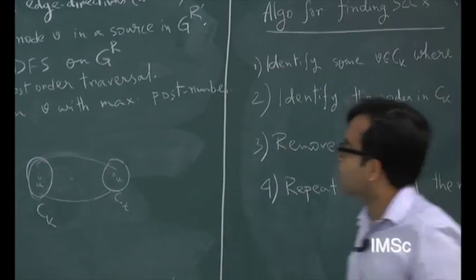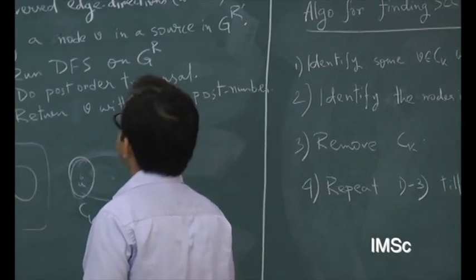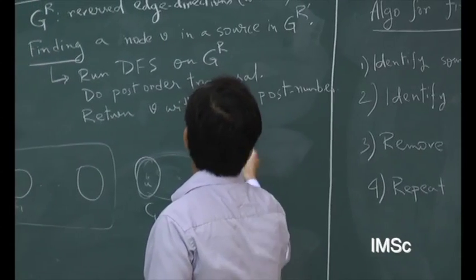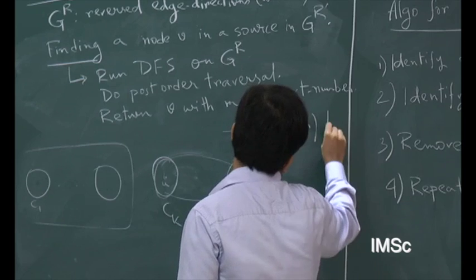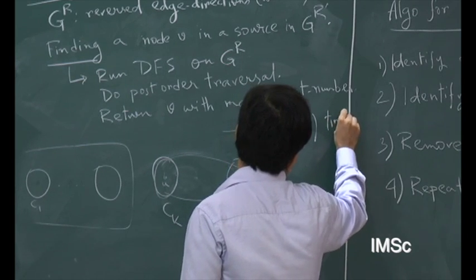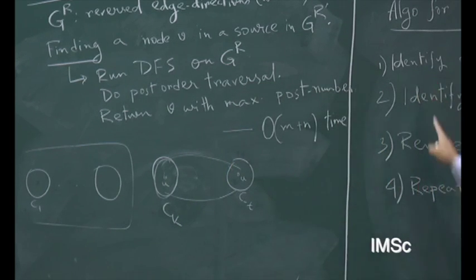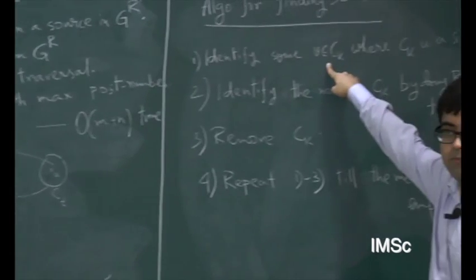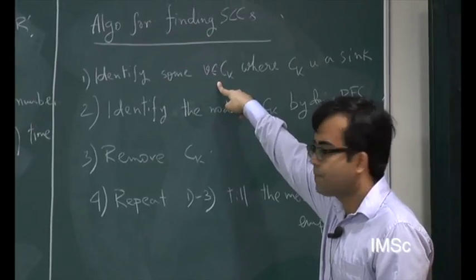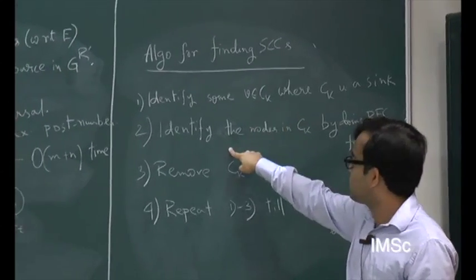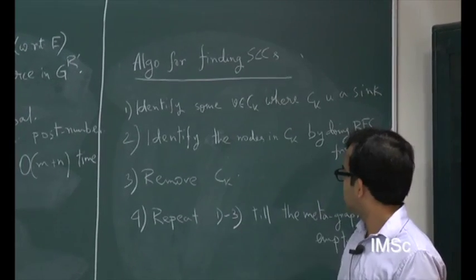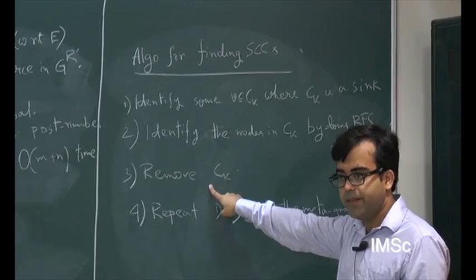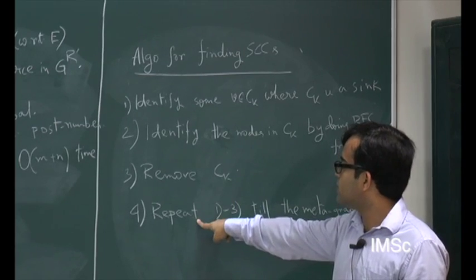And now, what is its running time? This part just takes O of m plus n time, right? So what is the running time of this? Step 1 will take O of m plus n time. Step 2 again O of m plus n time. Step 3 again linear time. Now step 4 repeat.